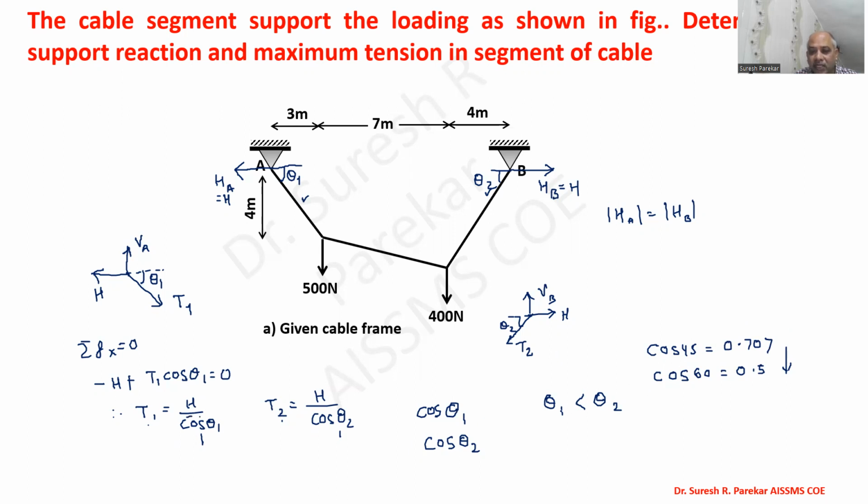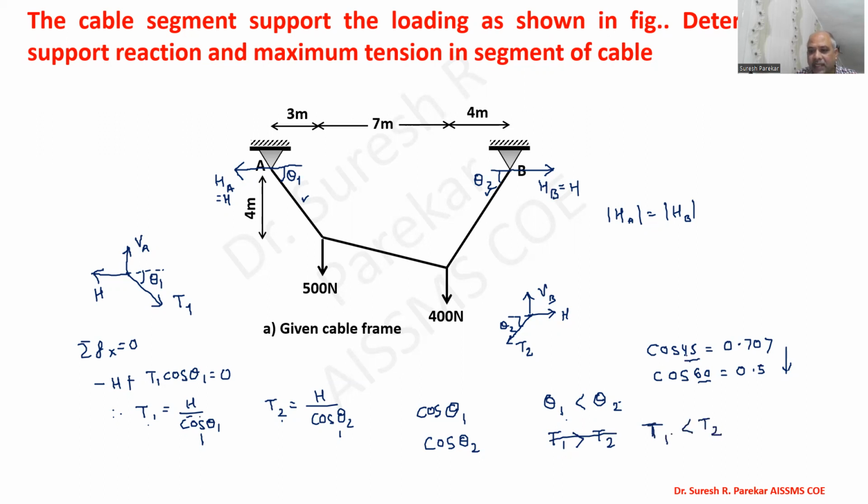So if theta 1 is less than theta 2, then we have T1 less than T2.